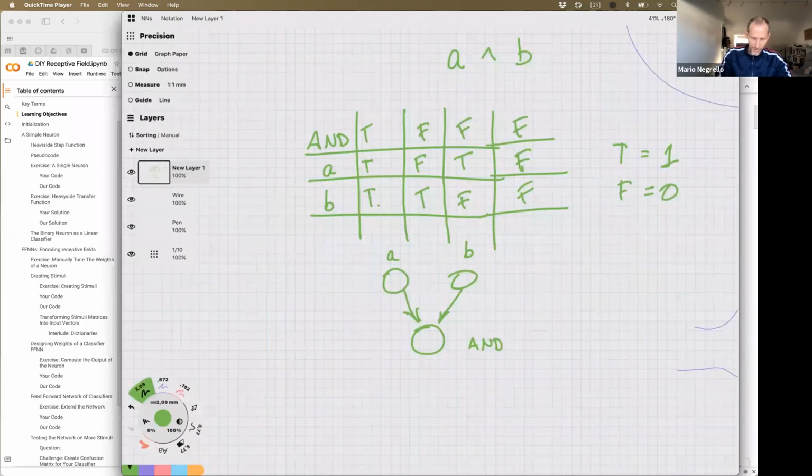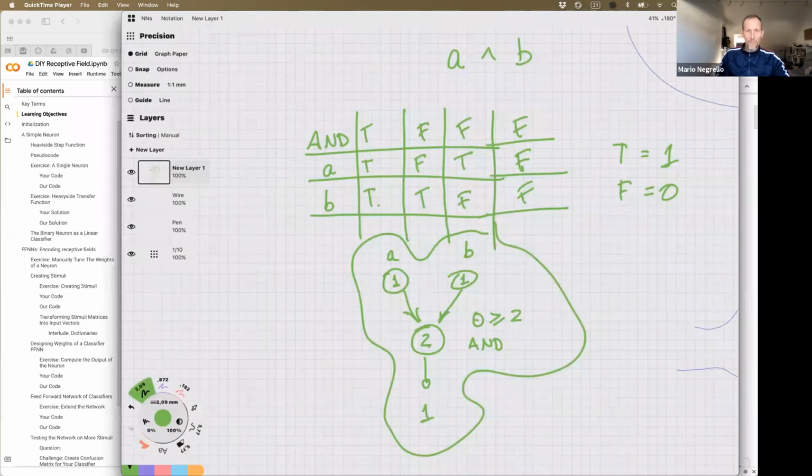In fact, integers because you can sum. Then if this guy is 1 and this guy is 1, then if we sum the two of them and make a threshold larger or equal than 2, then your output will be 1. Now, this is a very simple logical function written in a feed-forward neural network.